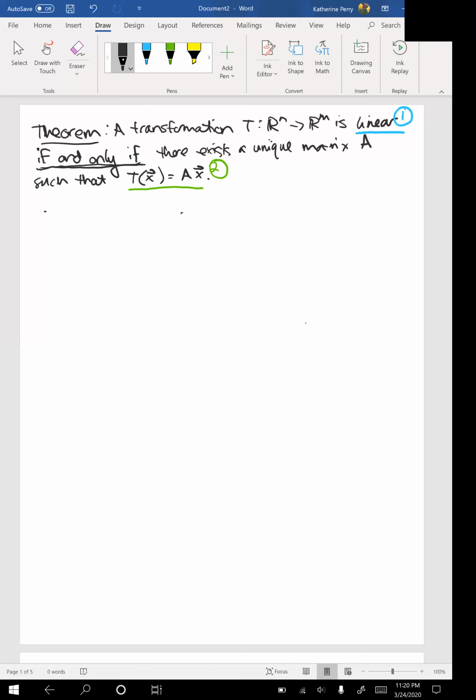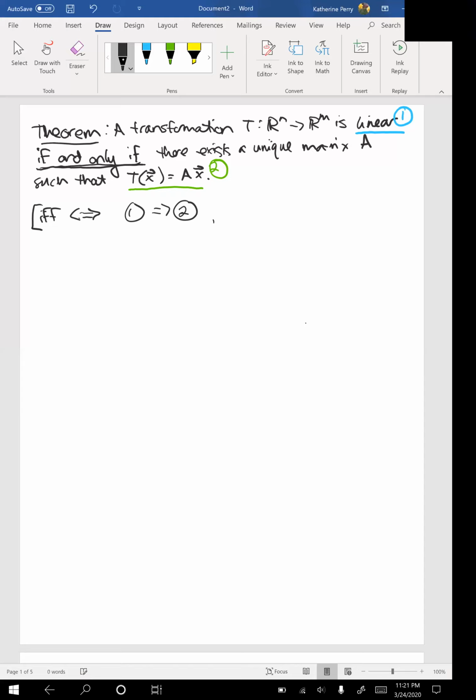And so we've seen this in class, but let me just recall it here. We can also notate if and only if by IFF, but also this sort of double arrow. And we've seen the arrows, I think, before. I can say something like 1 implies 2, meaning if it's linear, then it can be written as a matrix times the input vectors.